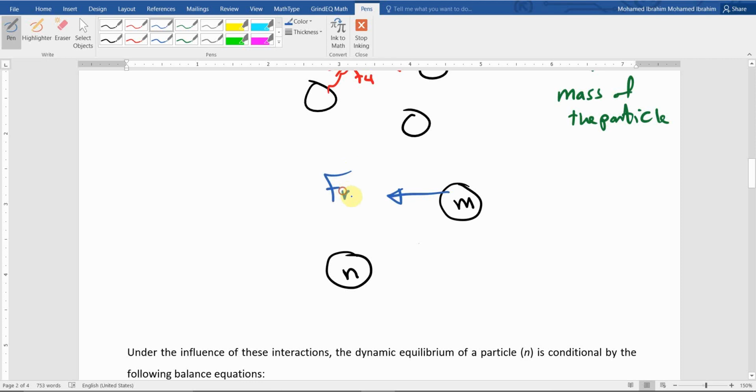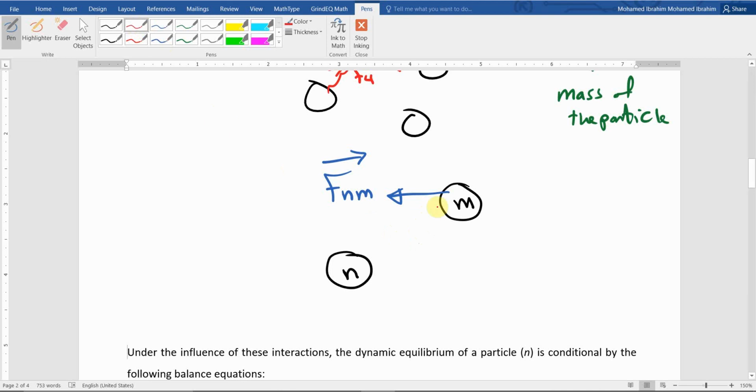This is the FNM vector, for example. It is not going to the particle directly, but it is the force that comes from M acting over N, though it is not necessary to be directed from M to N, right?